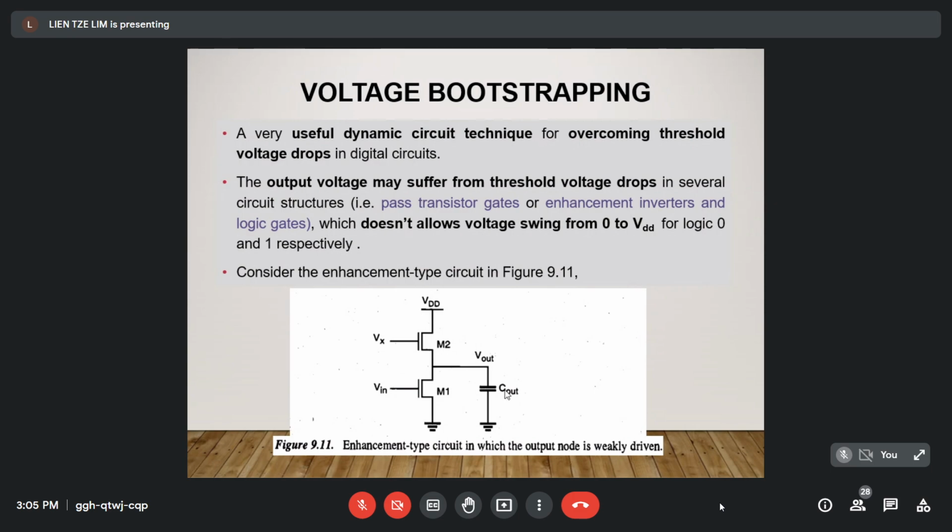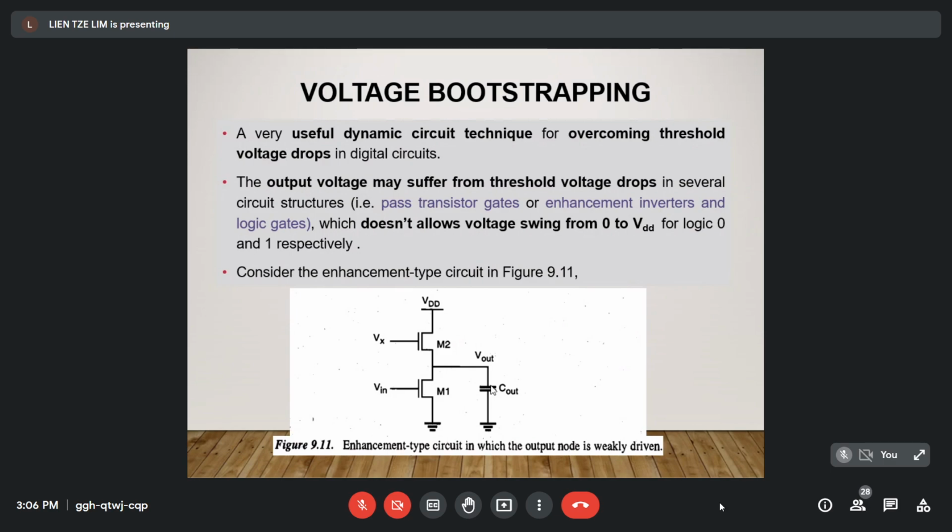In this circuit, there is a threshold voltage drop. Let me correct what I said just now: with this circuit, we explain how to overcome the drop of the threshold voltage in a dynamic circuit.